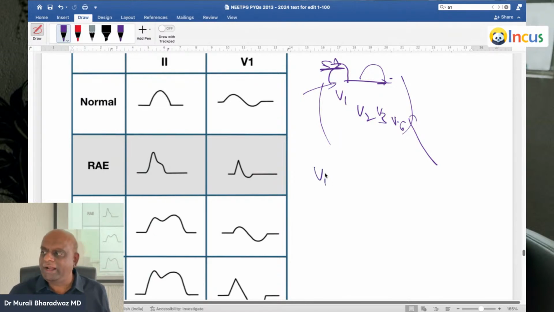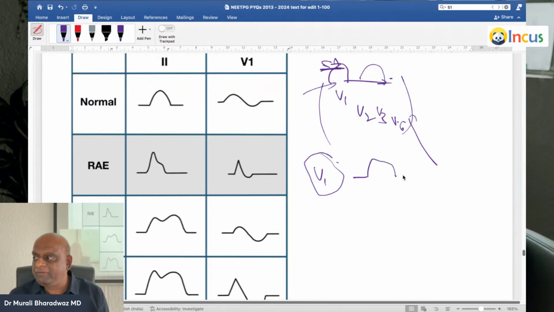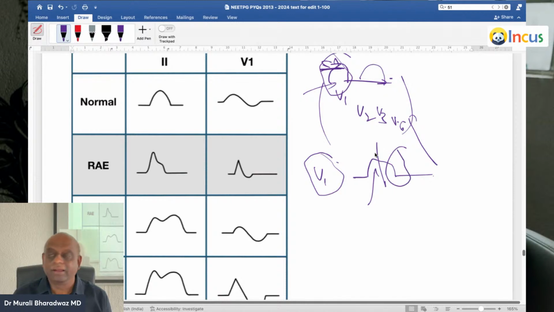That's the reason typically if you look at the P wave, there is only a single P wave. In this, the first half is represented by the right atrium, the second half by the left atrium. The moment there is any right atrial enlargement, what will happen? In V1, the first part is right atrial activity, and the left atrium means it is leaving V1.